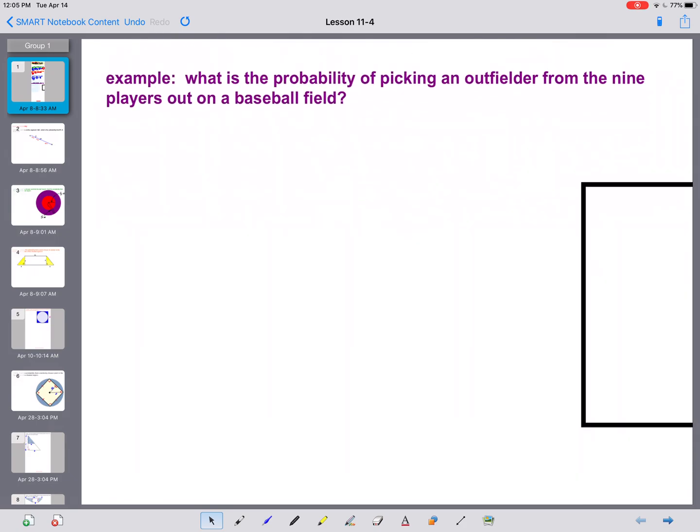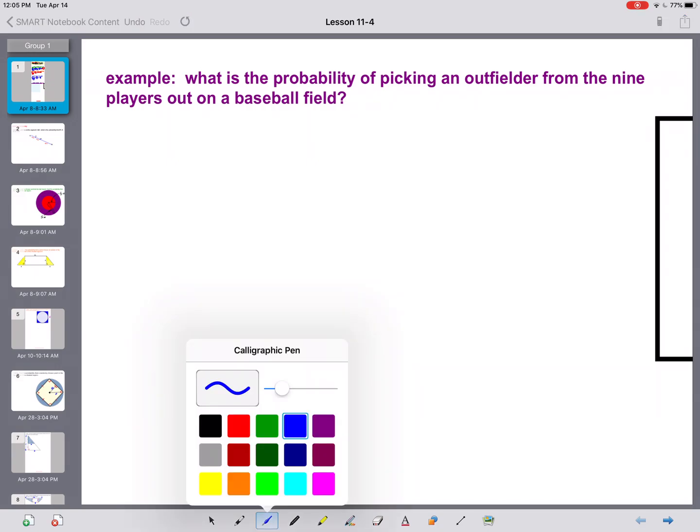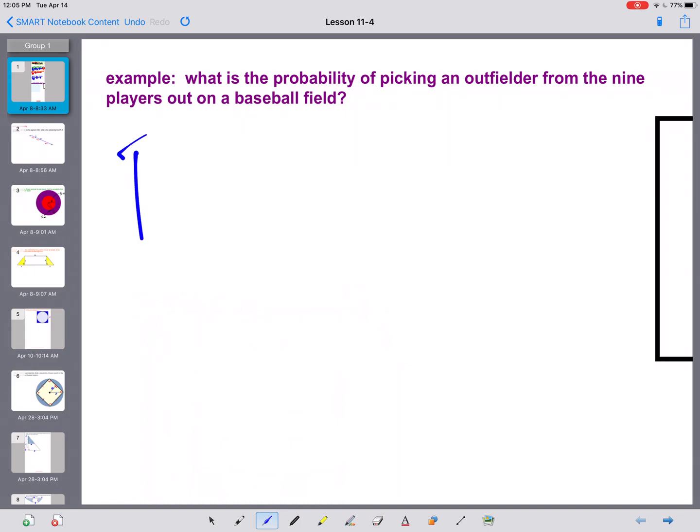Okay, let's look at a baseball field. What's the probability of picking an outfielder from the 9 players out on the field? You're just picking out the three outfielders from the 9 players. The probability of picking an outfielder from the players on the field.